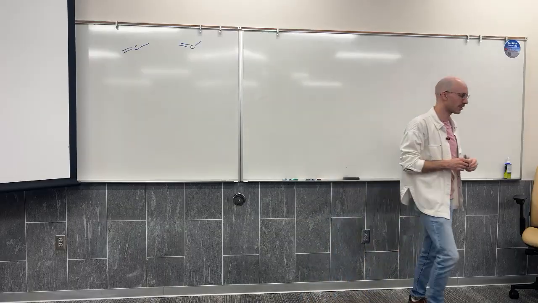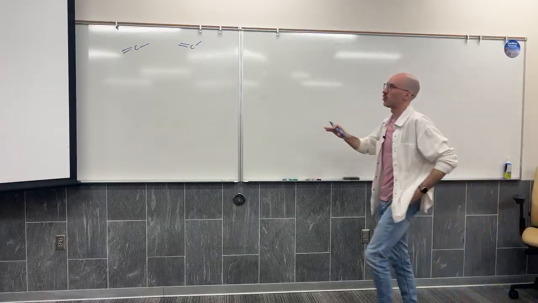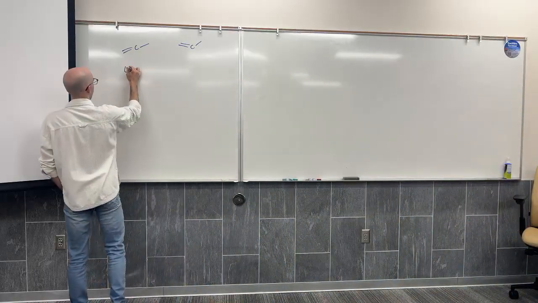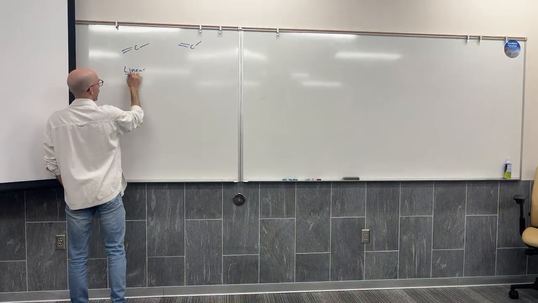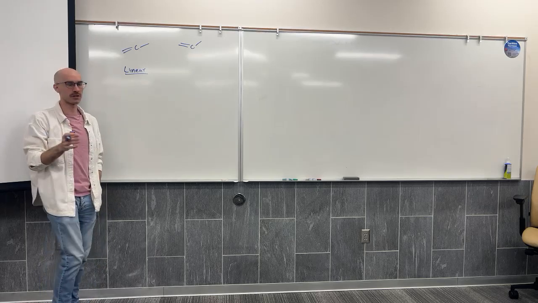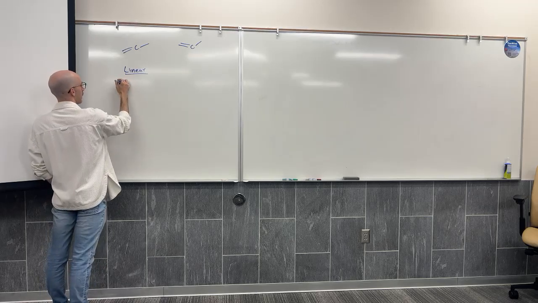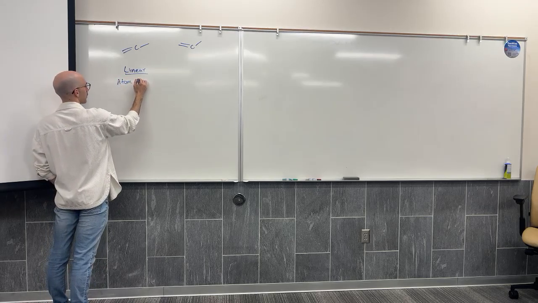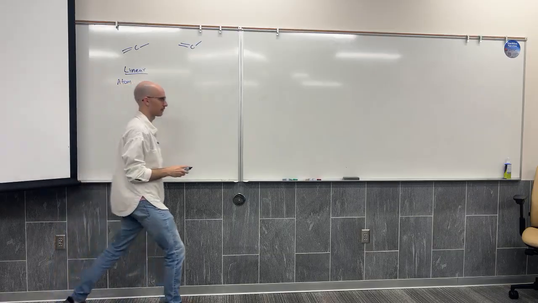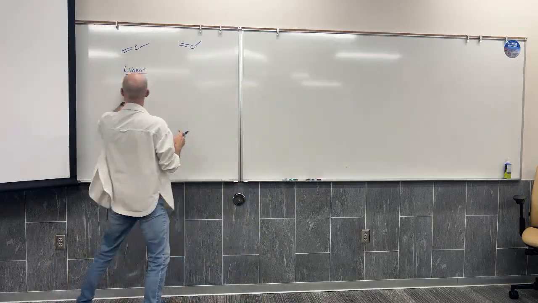So we mentioned here that we have a linear geometry around this carbon. And to have a linear geometry means that the atom is sp hybridized. I'm going to write that a little bit differently.